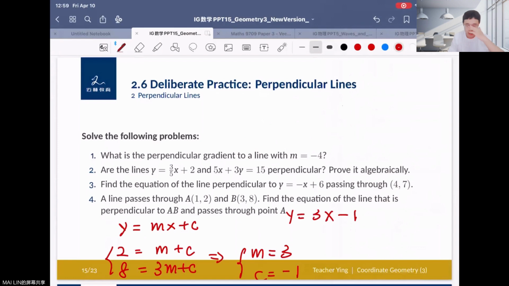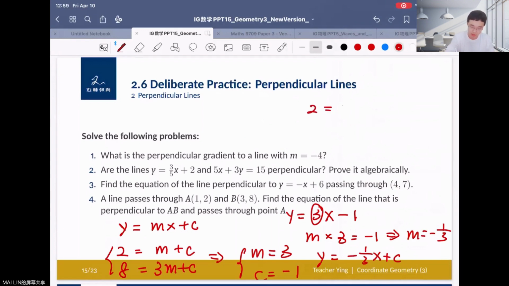And we know that the required line is perpendicular to line AB, right? So the gradient of AB is 3, and we have gradient times 3 equals negative 1. So now we have the gradient equals negative 1 over 3. So here the equation is y equals negative 1 over 3x plus c. And now it's passing through point A, right? So we can put 1, 2 into it.